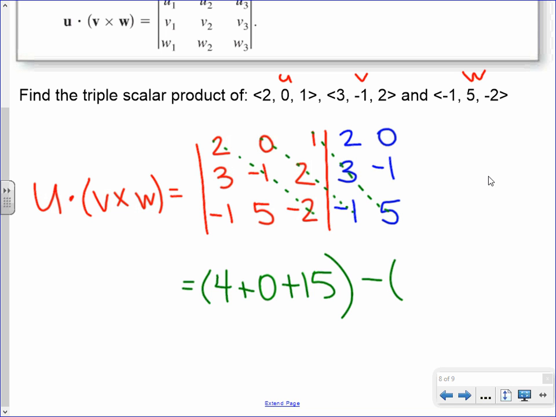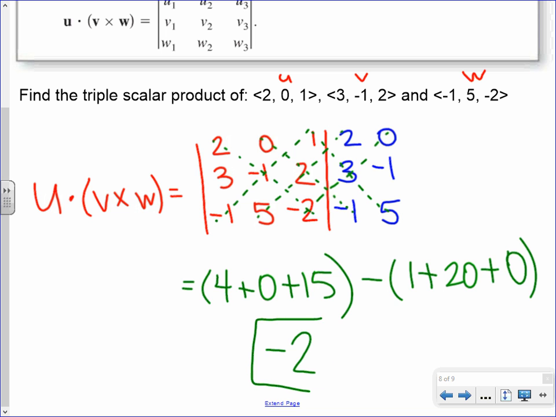Subtract the up diagonals: 1 plus 20 plus 0. So we have 19 minus 21. Our triple scalar product is -2.